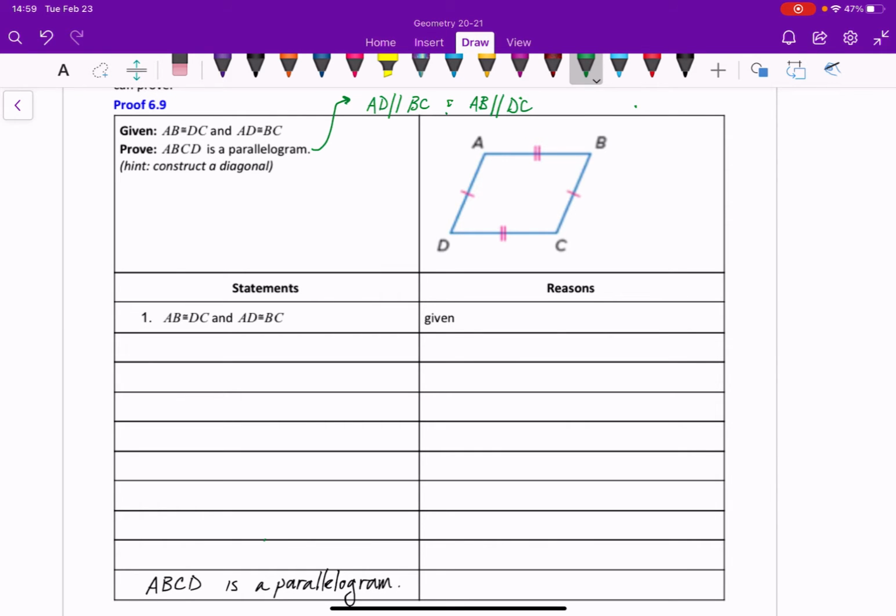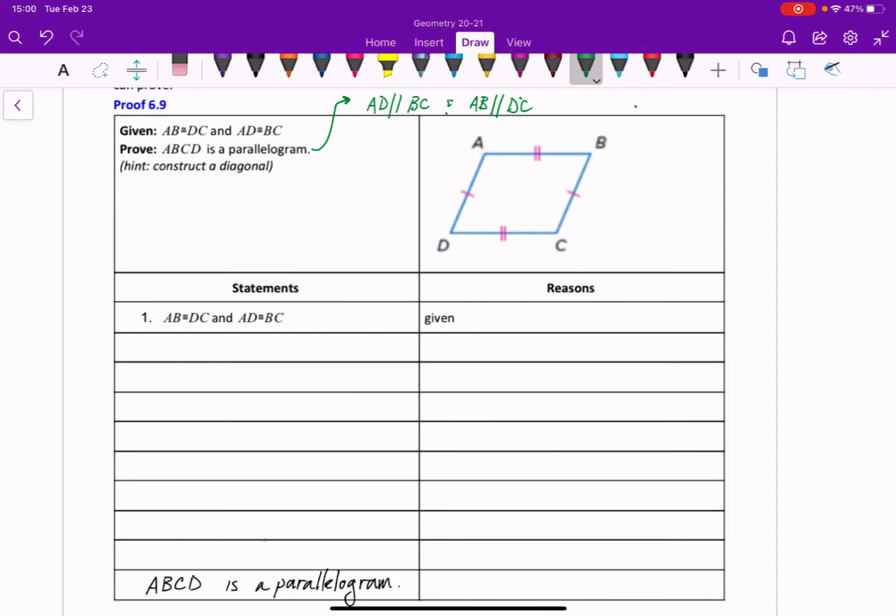That's our definition of a parallelogram. That's the only thing that we have in our toolkit right now to be able to claim that something is a parallelogram.